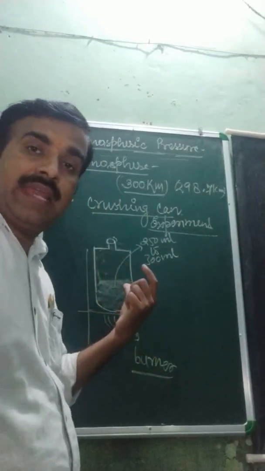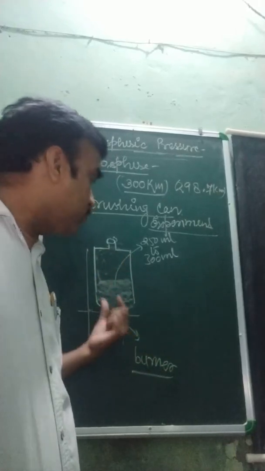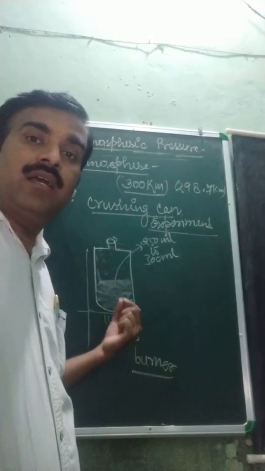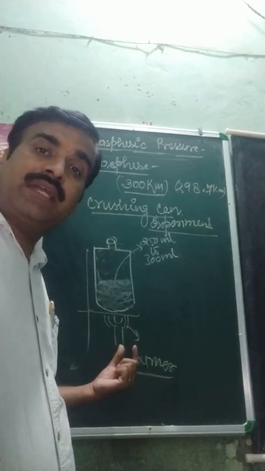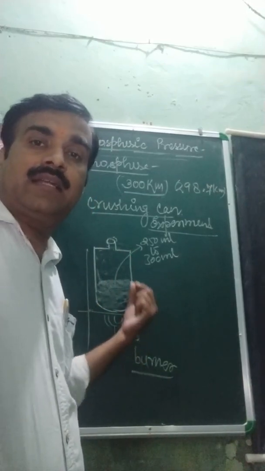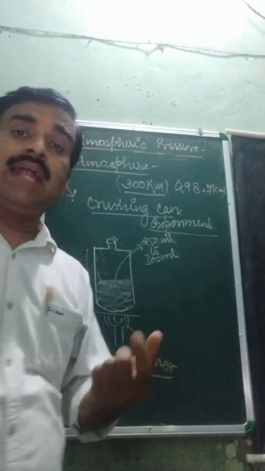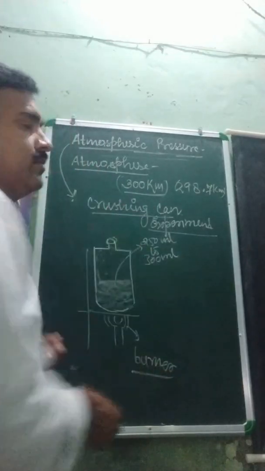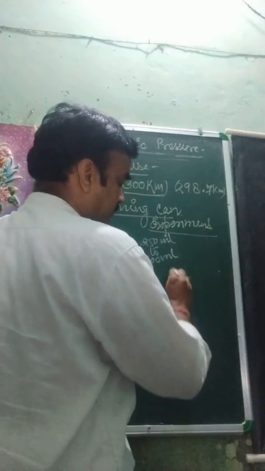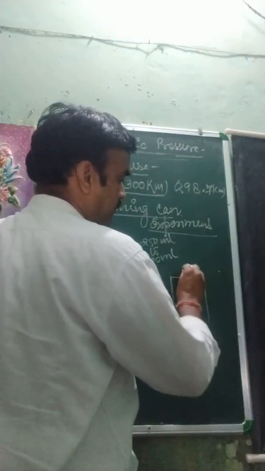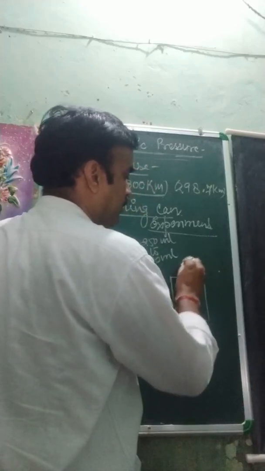So what you have to do: take a neat and clean mobile oil can, take 250 to 300 ml of water, open the lid, and supply the heat from the burner continuously until the vapor comes out. Then remove the burner and apply the cap, and close it.